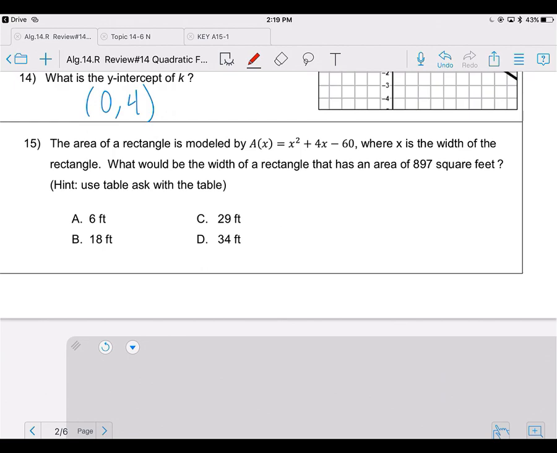Problem 15 gives us the area of a rectangle as x squared plus 4x minus 60, where x is the width. What would be the width of the rectangle that has an area of 897 square feet? So if they are giving us an area here, they tell us the area can be modeled by that.